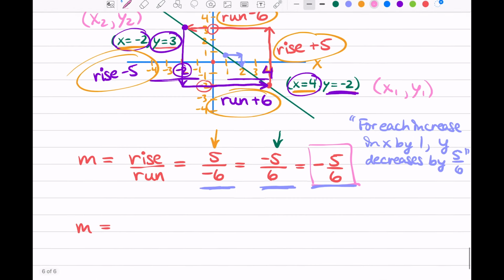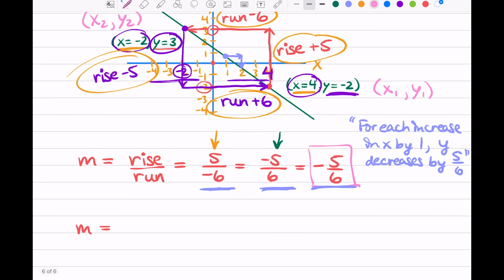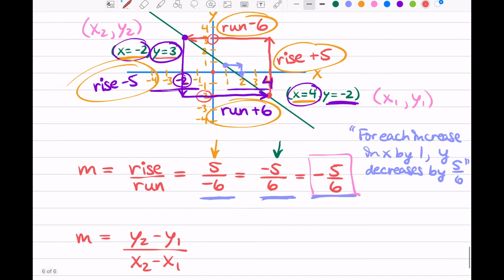So our slope, we can think of it as rise over run, or we can just think of it as our change in our y's, y2 minus y1. How did our y's change? How much did we rise? And then we divide it by how much we run, which is how much we move along the x-axis, which is x2 minus x1. So these 1s and 2s, it's just to say we're looking at our first point here, x1, y1, and then we have our second point here.